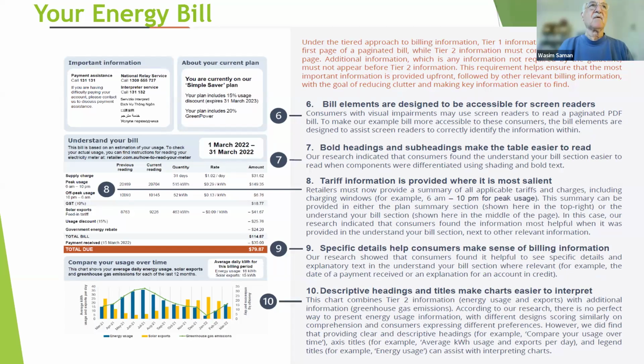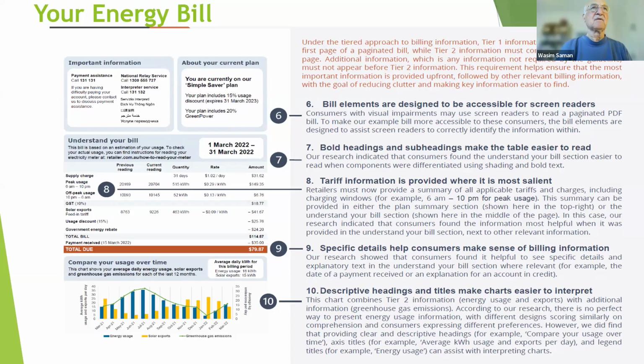The line above it says supply charge, and it gives you the number of days and the daily rate for supplying you with electricity. And then there is usually peak, off-peak, and shoulder for those using time of use rates, which we'll be talking about in a minute.